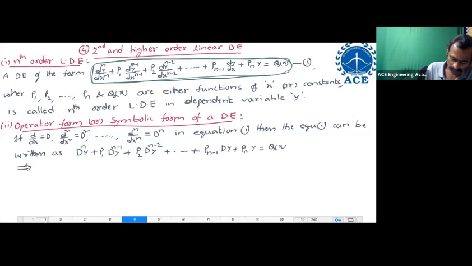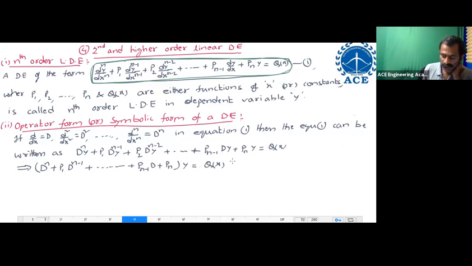We simplify it. From each and every term y is common: D power n plus p1 into D power n minus 1 plus and so on plus pn minus 1 D plus pn, into y equal to q of x.